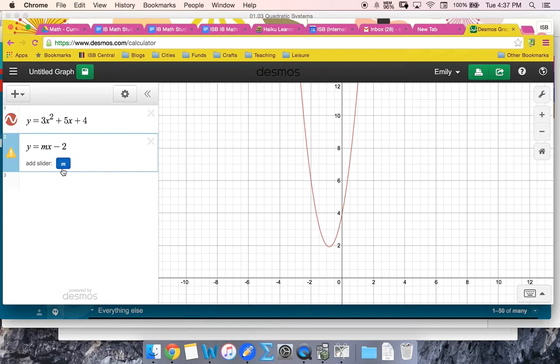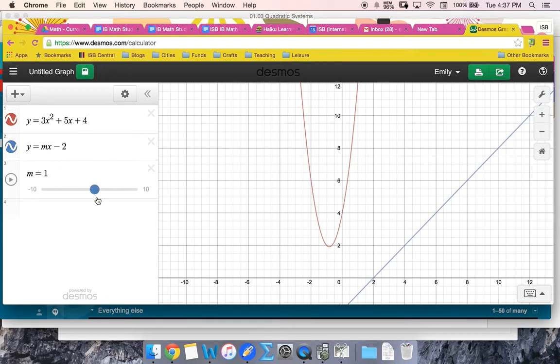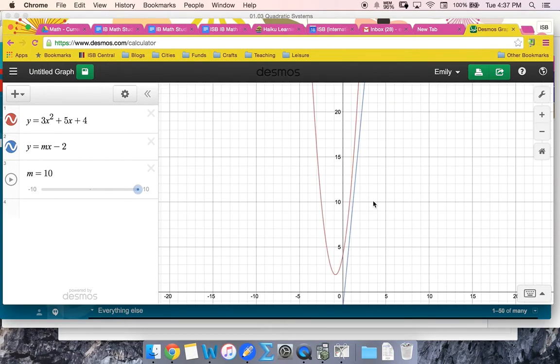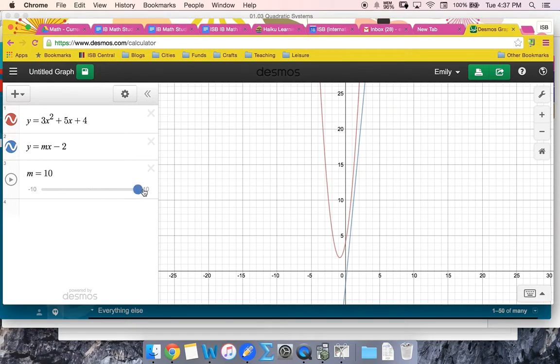So I'm going to put in my slider for m. I want to know how many times this line is going to be tangent to this curve. Well, I can see that at some point, for some positive value, I'm going to hit my curve at only one place. So I need to make my slider go further. So let's go up to 20.